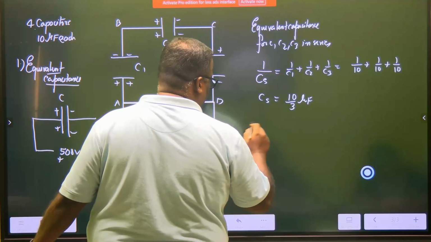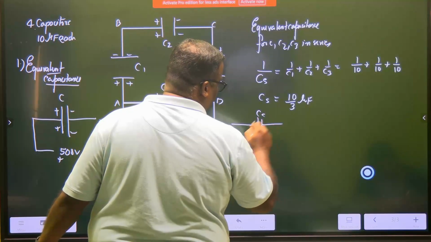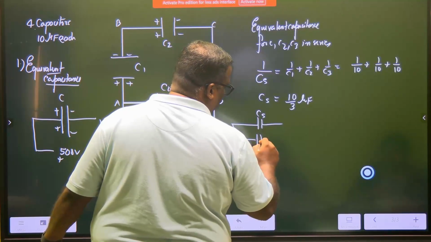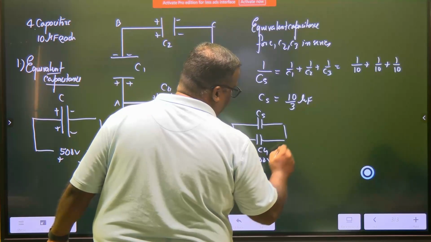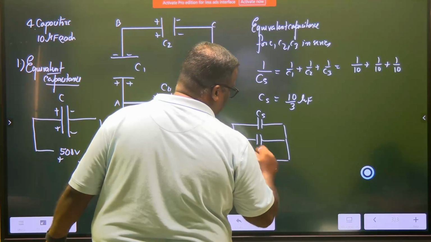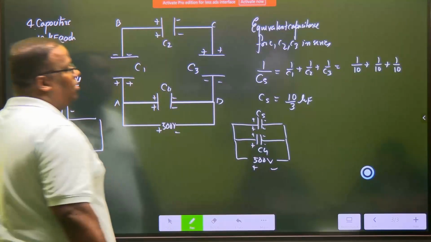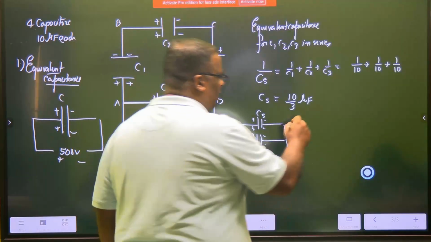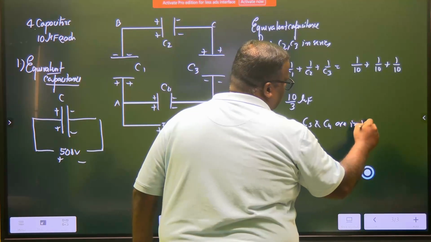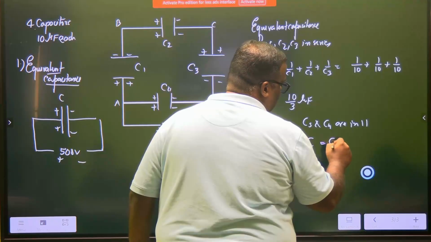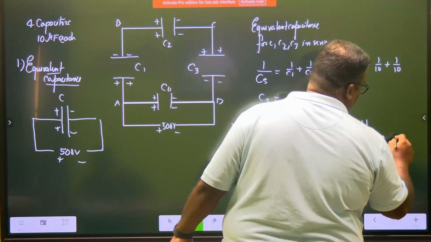Now your diagram becomes something like this. This is CS, in parallel with C4, and you are supplying 500 volts. These two will be plus and these two will be minus. Now CS and C4 are in parallel, so C is equal to CS plus C4, which is 10 upon 3 plus 10.